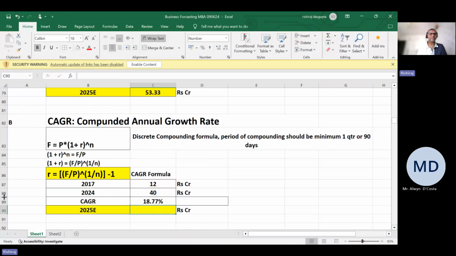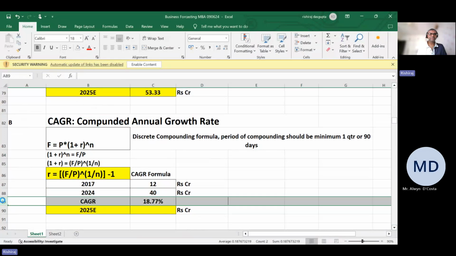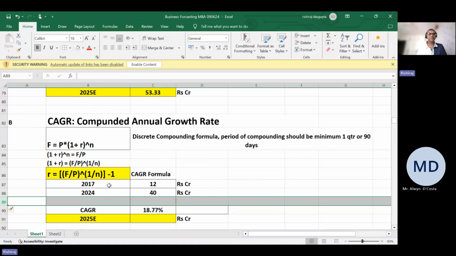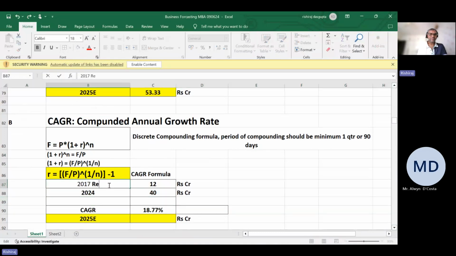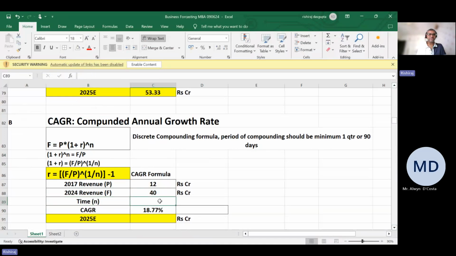So this is 18.77%. 2017 revenue is considered as present value in the context, 2024 revenue is considered as future value, and time, that is n, is considered as 7 years, and then we got the CAGR.